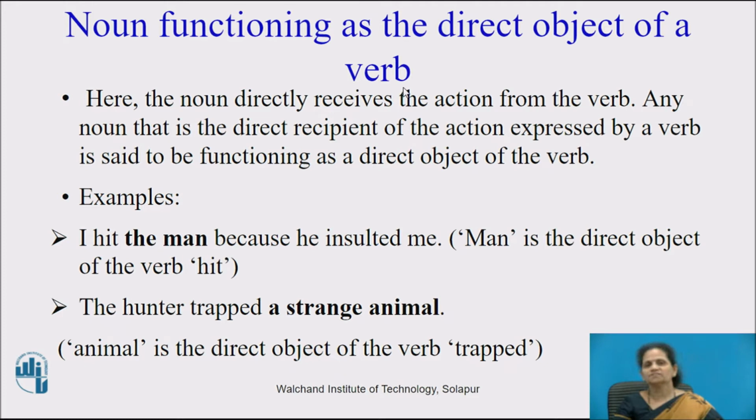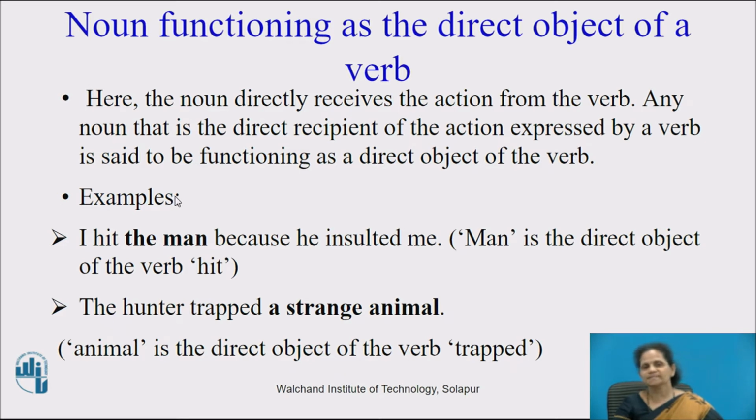So, noun functioning as the direct object of a verb. Here, the noun directly receives the action from the verb. Any noun that is the direct recipient of the action expressed by a verb is said to be functioning as a direct object of the verb.